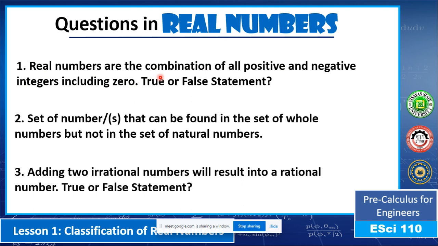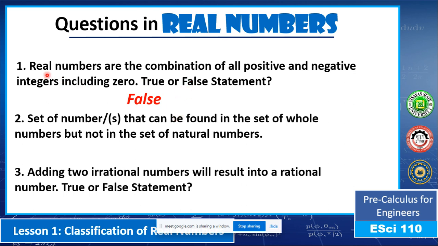Real numbers are the combination of all positive and negative integers including 0. Is it true or false? Some say true, some say false. Actually, the answer here is false.